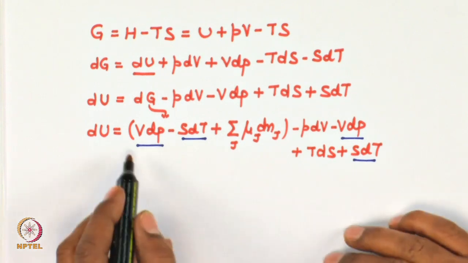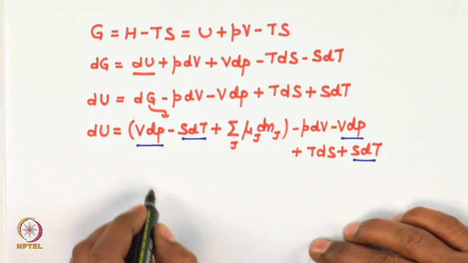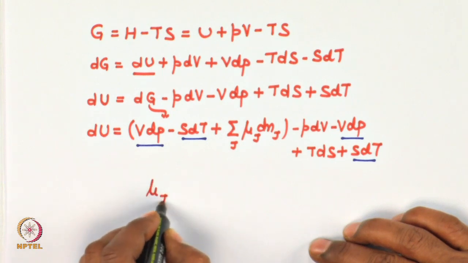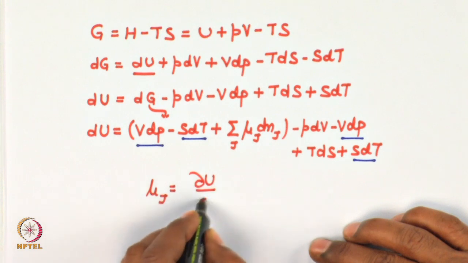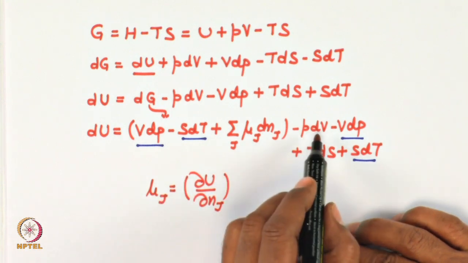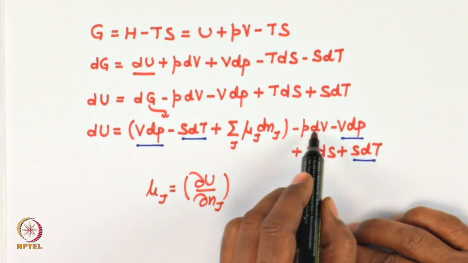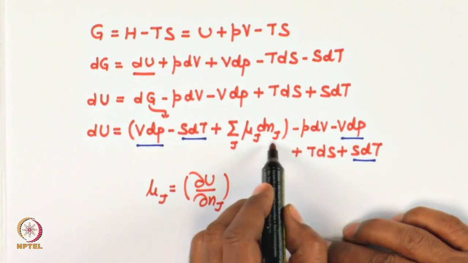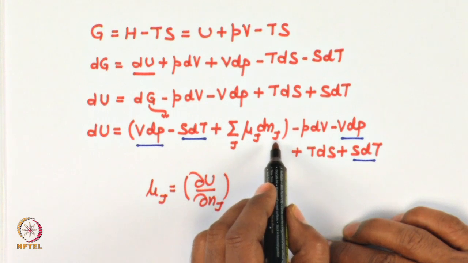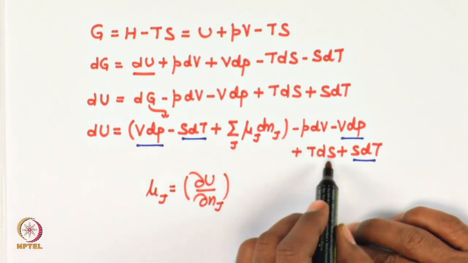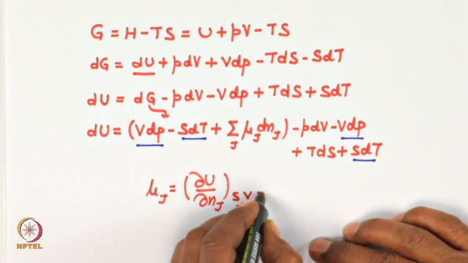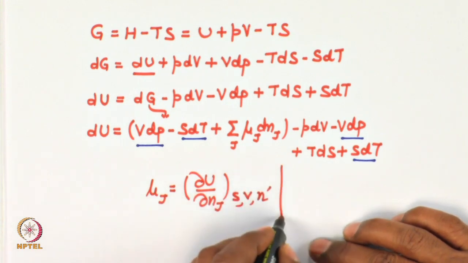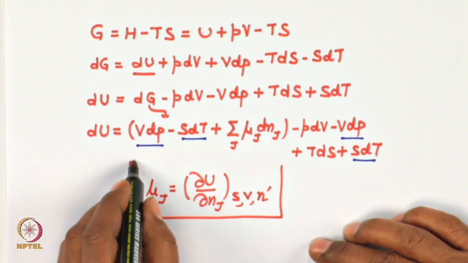So, therefore, from this expression I can write chemical potential of species j will be equal to ∂U/∂Nj at constant entropy, volume and composition of other components. At constant entropy, volume and n prime. This is what we wanted to prove.